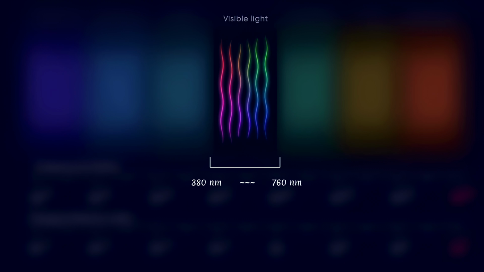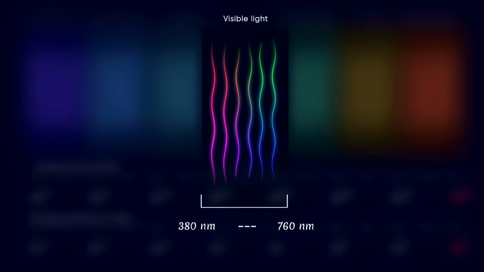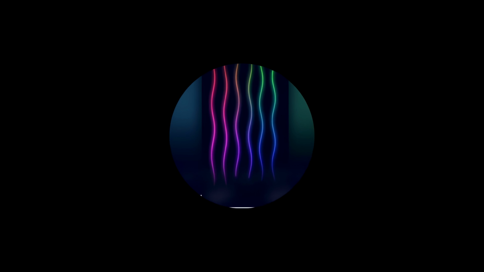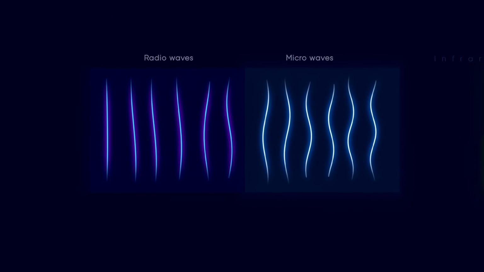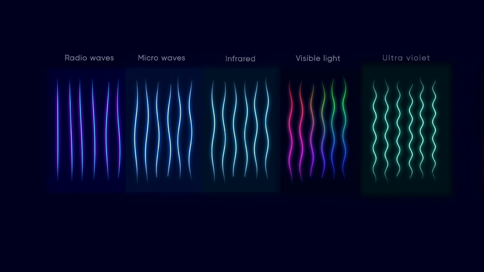Part 2. The electromagnetic spectrum. Light is just a small window in the vast spectrum of electromagnetic waves, which we call the electromagnetic spectrum.